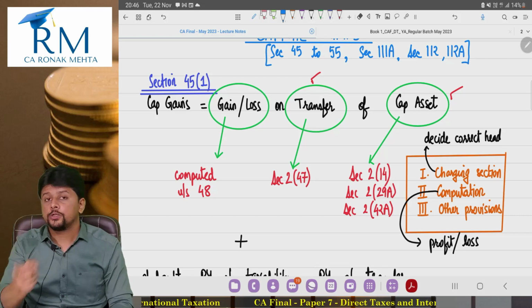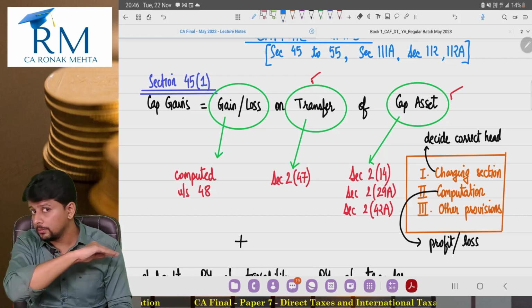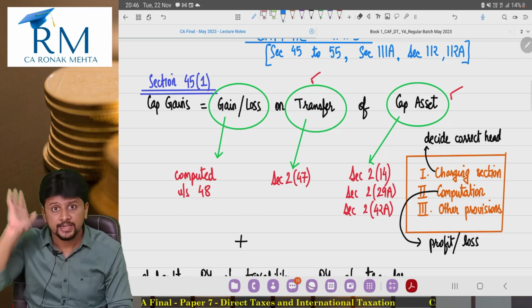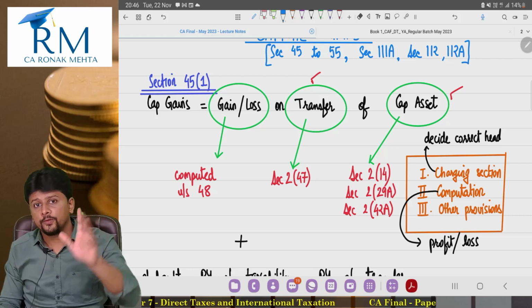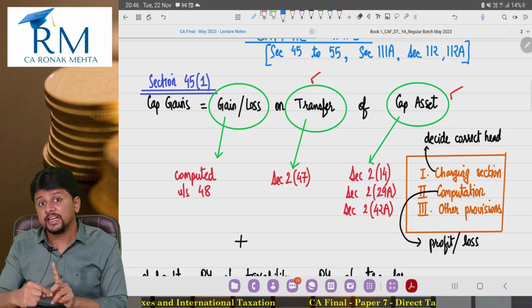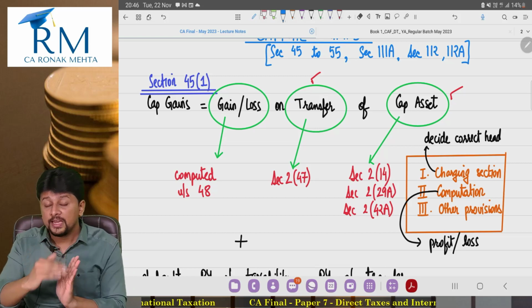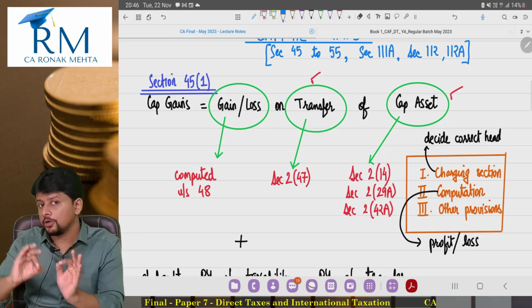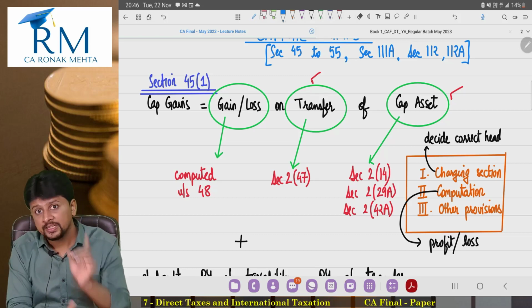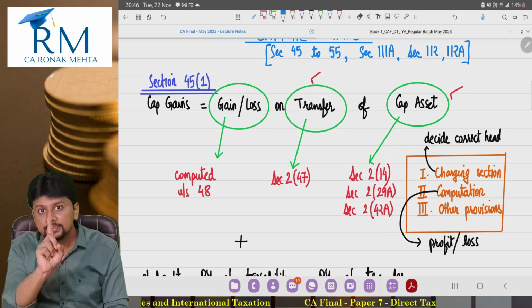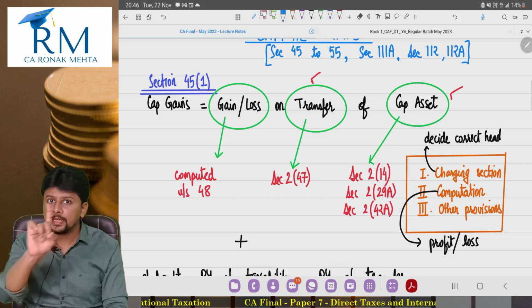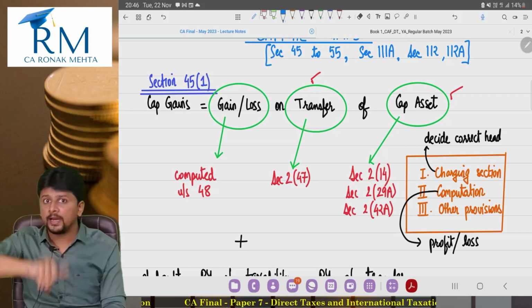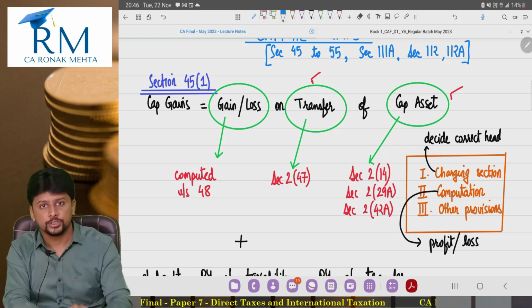Fourth proviso is telling you bonds and debentures held as long term, no indexation, but sovereign gold bonds indexation will be available. Fifth proviso, rupee denominated bonds getting redeemed and rupee has appreciated, so that appreciation component will not be included as full value of consideration. Sixth proviso I have kept pending. Seventh proviso, STT, seller cannot deduct it as transfer expense, buyer cannot capitalize it into cost of acquisition.